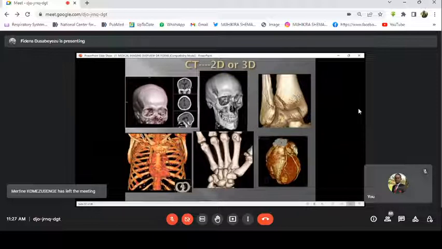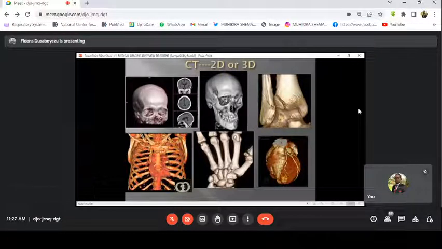This is 3D. You can produce in CT a 3D image. It's like you have removed these bones from the body. Even this is 3D of the heart. Can you see how good CT can be?